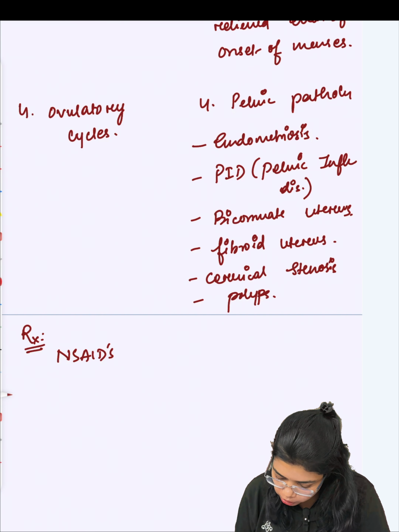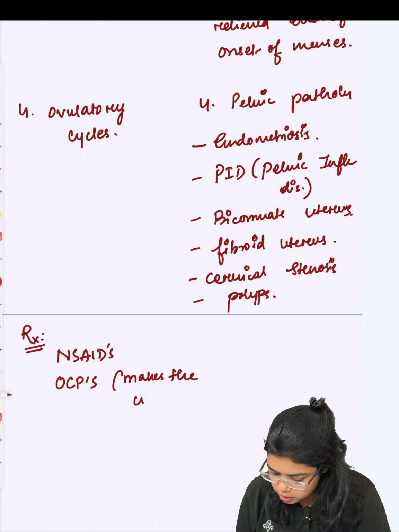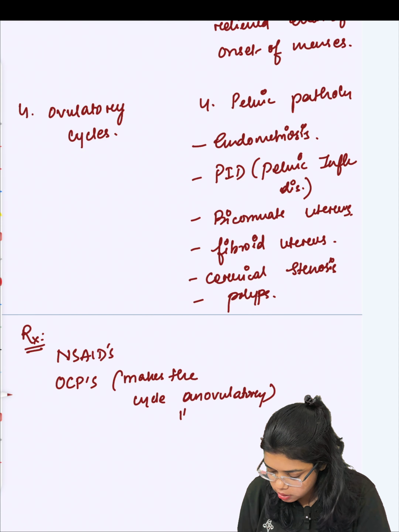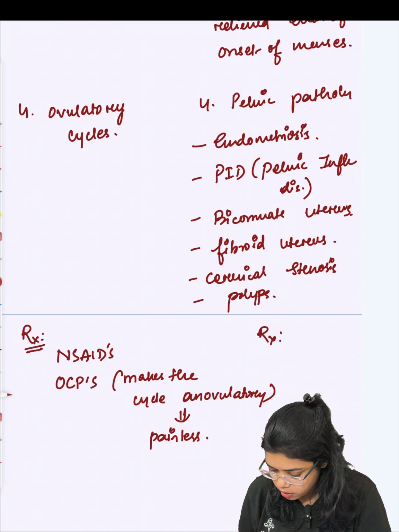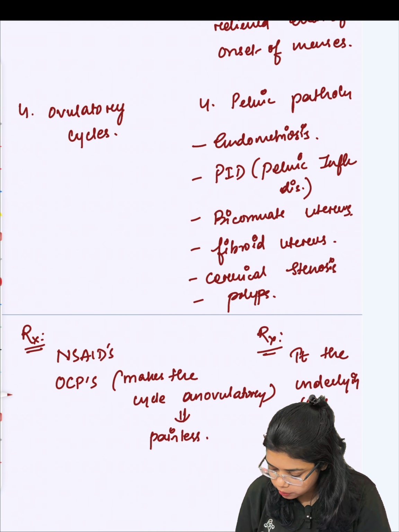In treatment we can give NSAIDs and OCPs. OCPs make the cycle anovulatory, hence painless. And for secondary dysmenorrhea, we need to treat the underlying cause.